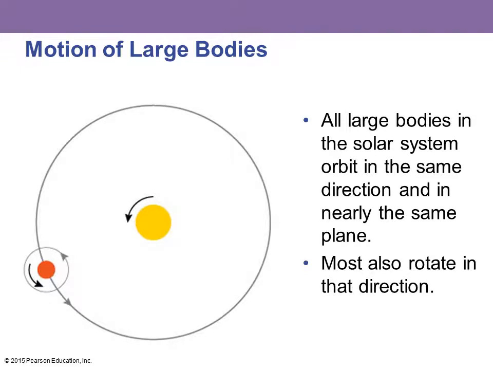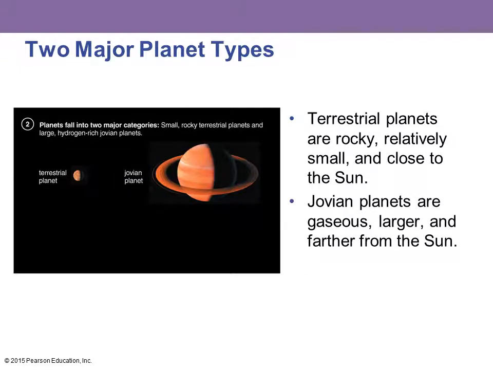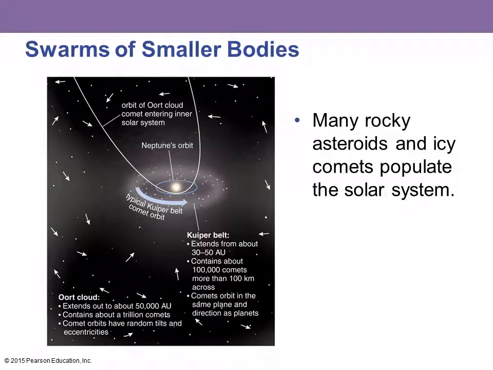And that makes sense. There are two planet types, as we've discussed already, looking at the terrestrial and the Jovian planets. Terrestrial planets are rocky, relatively small, close to the sun. The Jovian planets are bigger, gaseous, and farther from the sun. And then we have these other objects, these smaller bodies. We have asteroids and comets existing in certain places in and around our solar system.